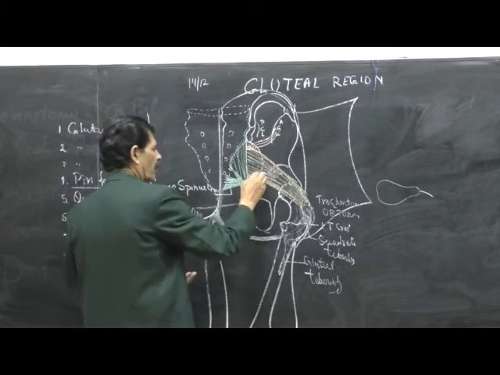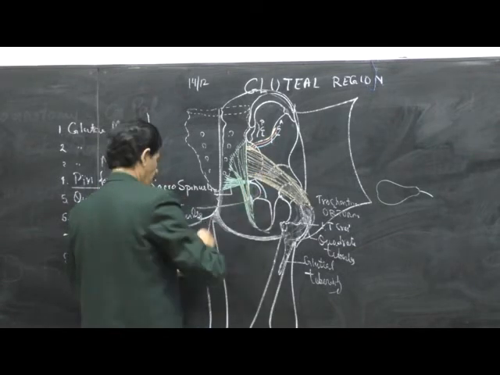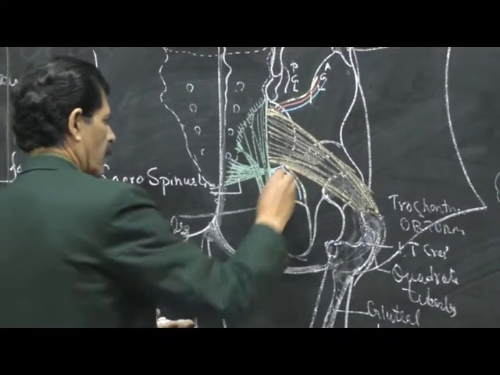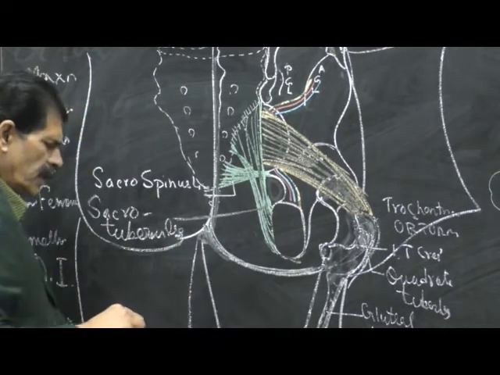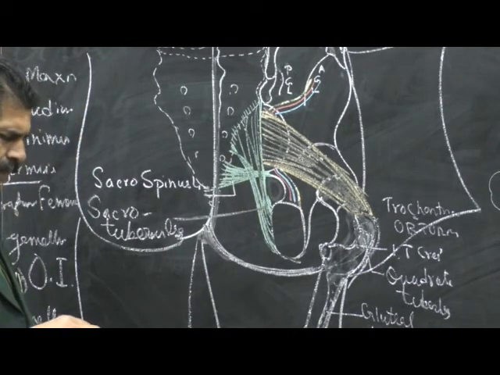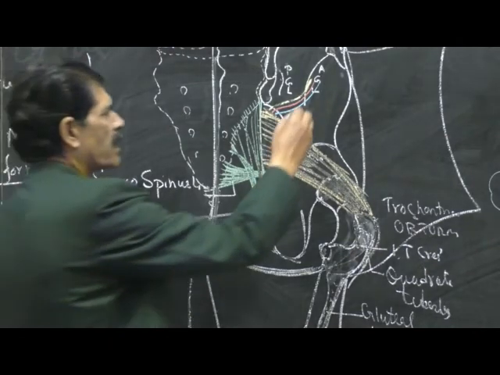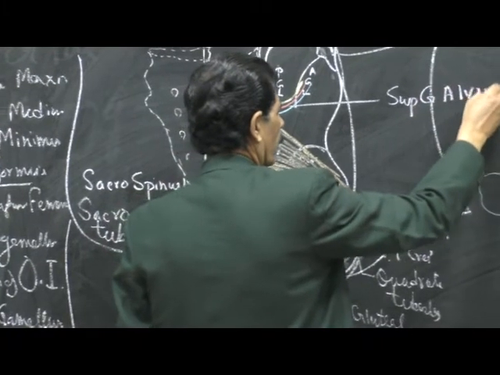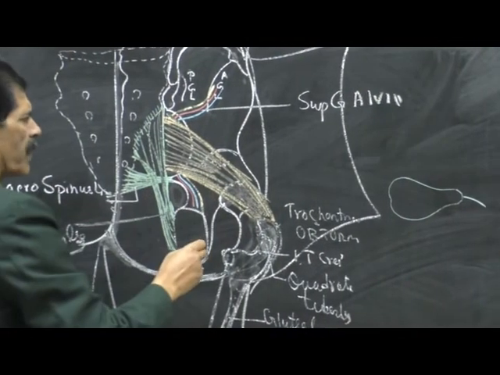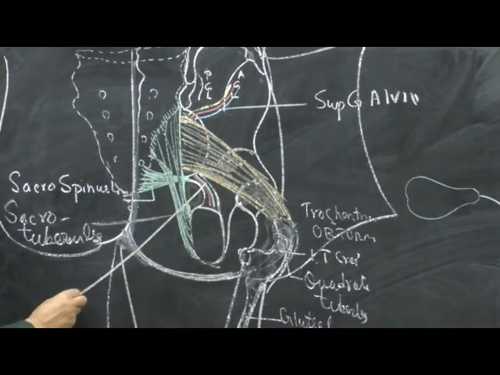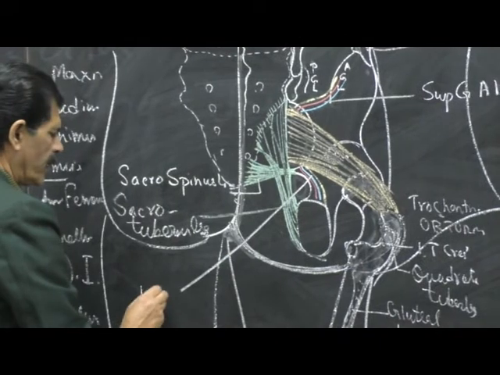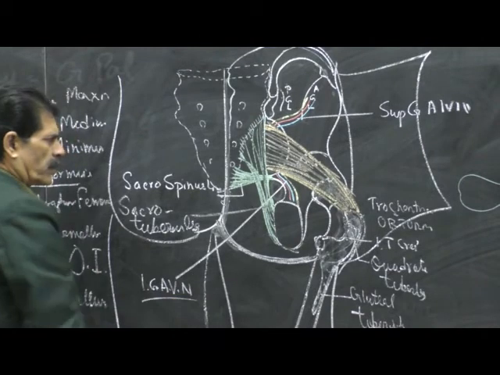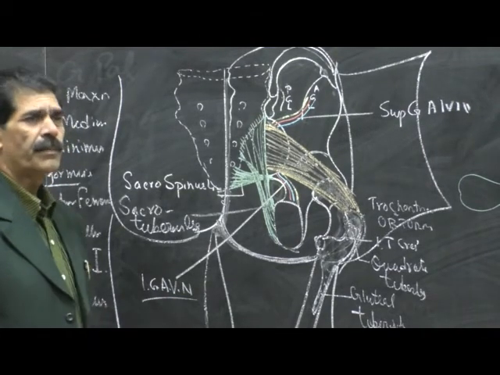Similarly, from its lower border, again a nerve, a vein and an artery go there. So these neurovascular bundles: the upper one is called the superior gluteal artery, vein and nerve, because they are lying on the superior border of the piriformis. And all these three structures related to the inferior border of the piriformis are called the inferior gluteal artery, vein and nerve. So it is according to name because of their relation with the piriformis.